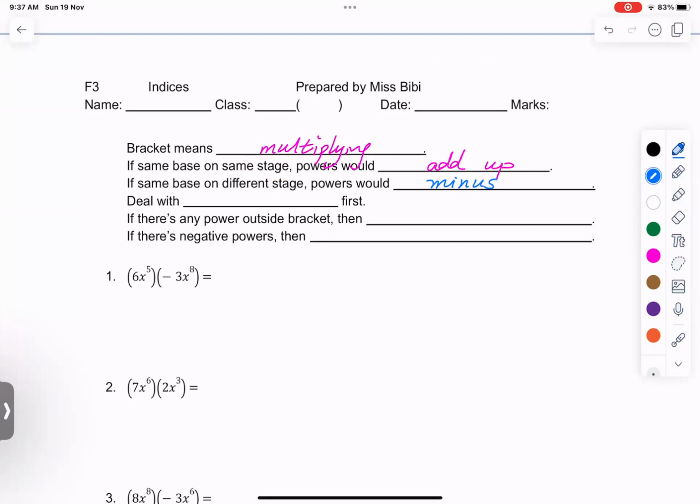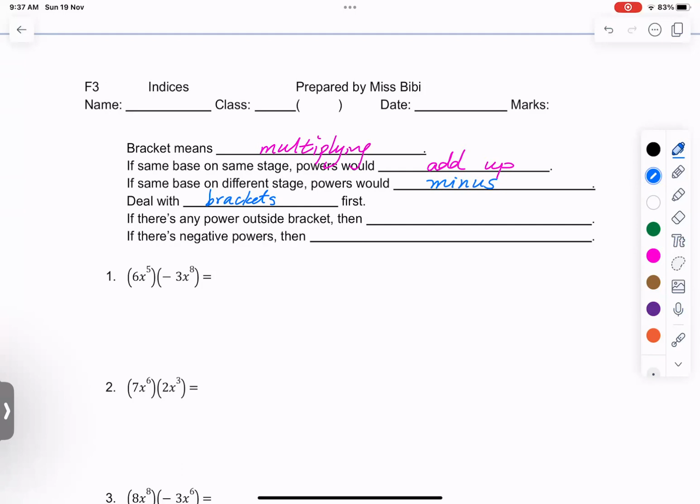And of course, we always deal with the brackets first, because if you don't do so, you may get confused later on. Even in Chinese, we say the order of operations. We do brackets first, then times and division, and then plus and minus. You usually don't have plus minus in an indices question.